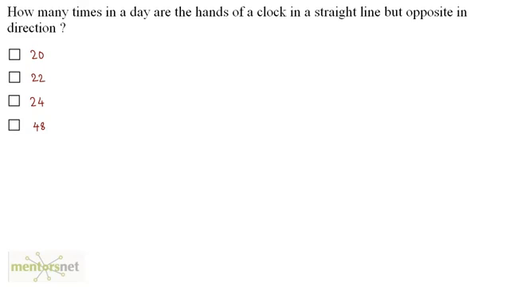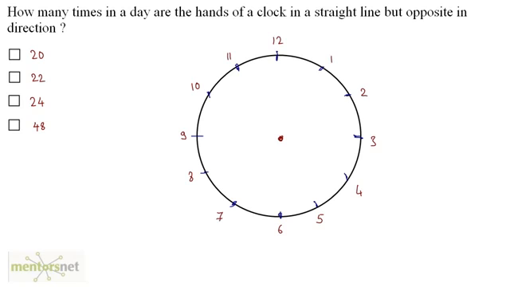How many times in a day are the hands of a clock in a straight line but in opposite directions? So this is our clock. For simplicity, let us take the time duration as 12 hours, right? From 6 a.m. to 6 p.m. We need to calculate the situation for one day, but we'll first calculate it for 12 hours, then multiply it by 2, right?